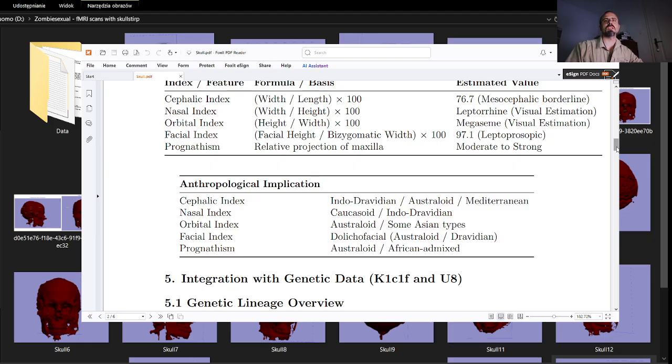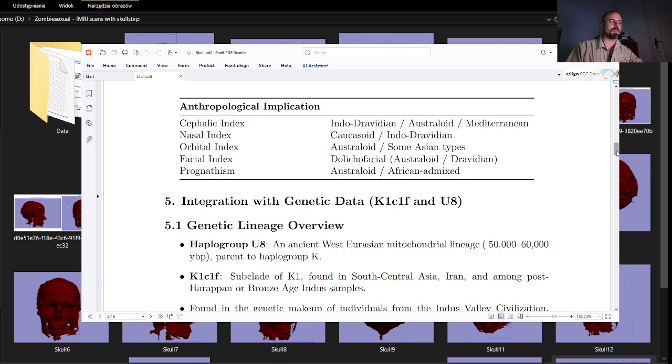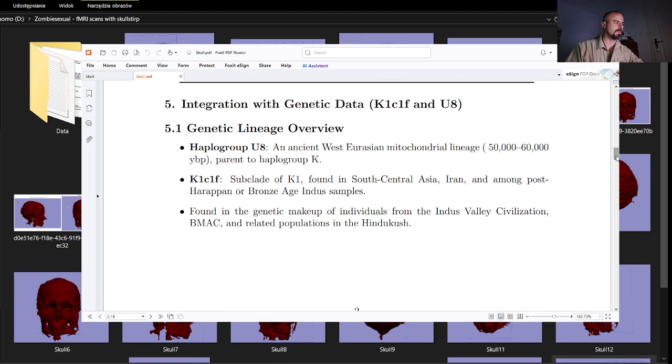That would indicate some Indo-Iranian plateau. That would indicate both South Asian and African-Iranian ancestry, which combines well with the mtDNA testing, so it overlaps, it correlates. The haplogroup U8, from which K stems, is a West Eurasian mitochondrial lineage from 50,000 to 60,000 years ago.